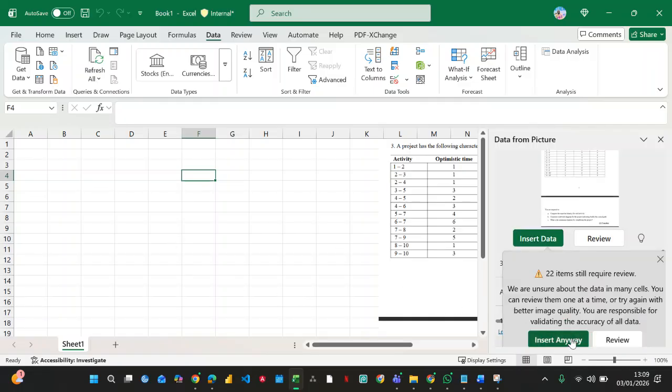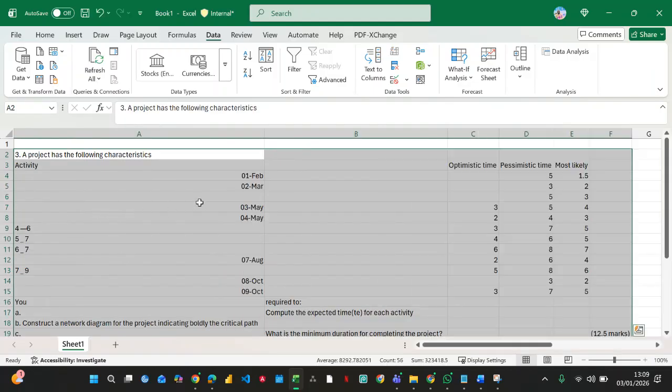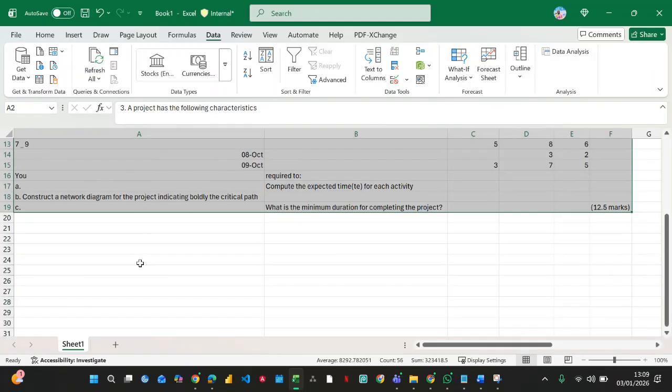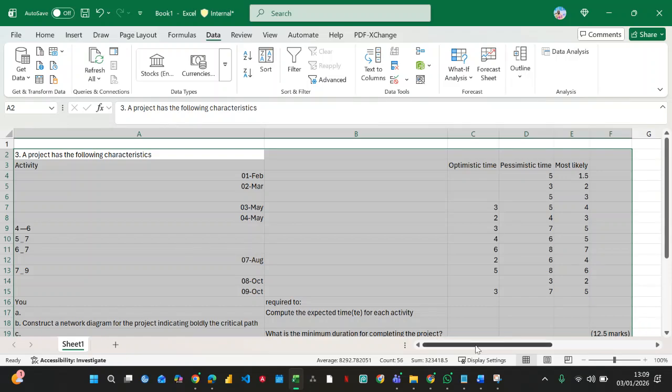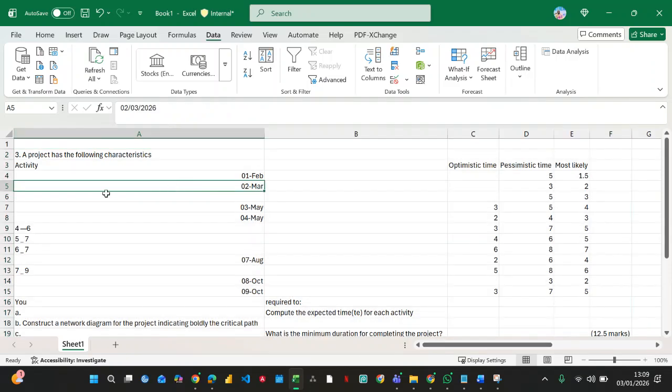Okay, I want to insert it here. Then the whole thing is scattered because of that data.